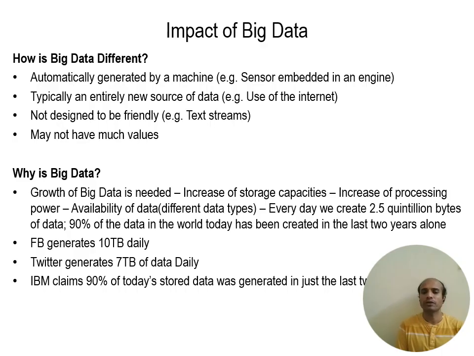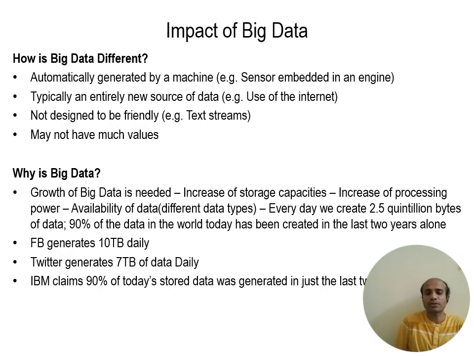Every day we create 2.5 quintillion bytes of data. 90% of the data in the world today has been created in the last 2 years alone. So we see the amount of data that's being generated just in this one decade. Facebook generates almost 10 TB of data daily.